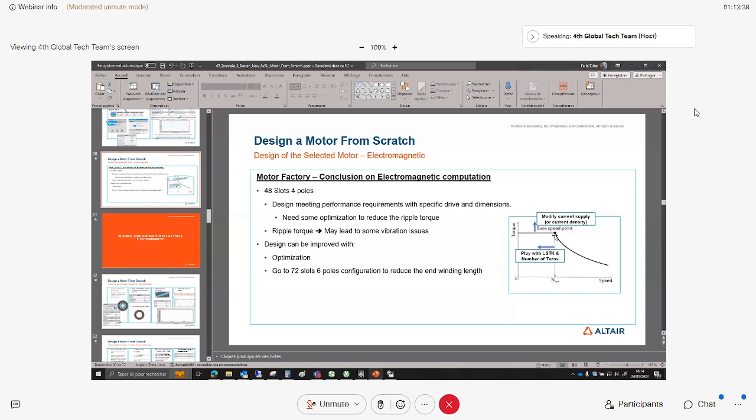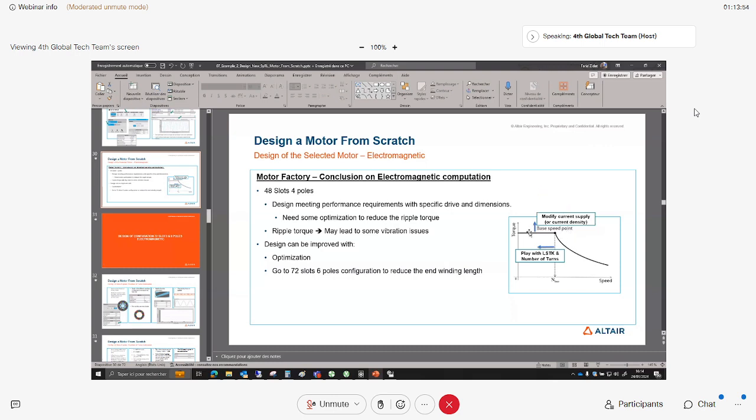And if you want to have more torque vertically, then you have to modify the current supply or the current density. That means you need more current actually.